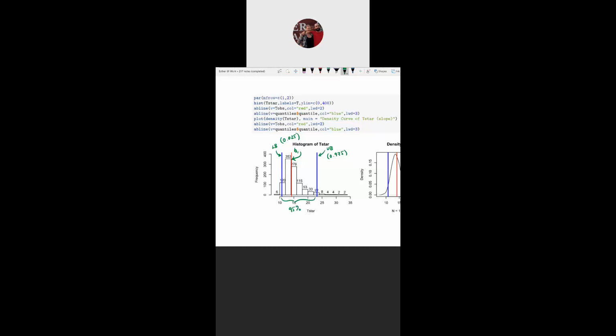And then this chunk here is giving us the right-hand plot. This first chunk is just giving us the left-hand plot. So the plot on the right is showing us basically the exact same thing as the plot on the left, only we've plotted it as a density curve as opposed to a histogram.